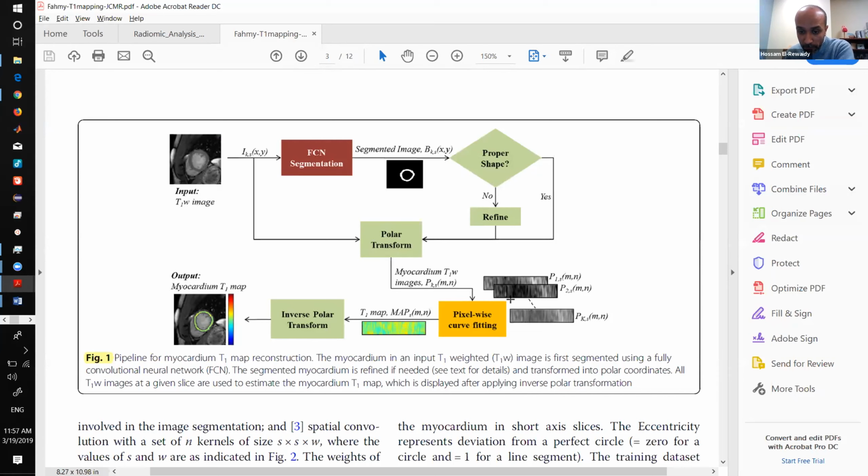So after taking them, we do pixel-wise curve fitting for each pixel in this set of images, and then we obtain a T1 map for this slice, and then we do inverse polar transformation to get a very nice regular map. But this map is only for the myocardium. It's not a whole slice T1 map.